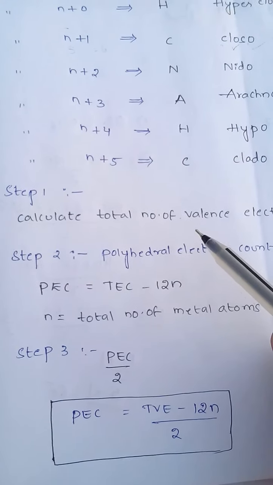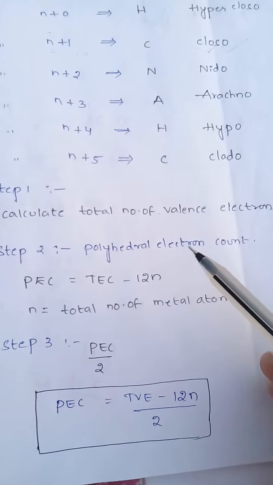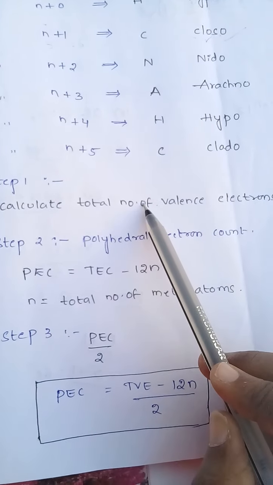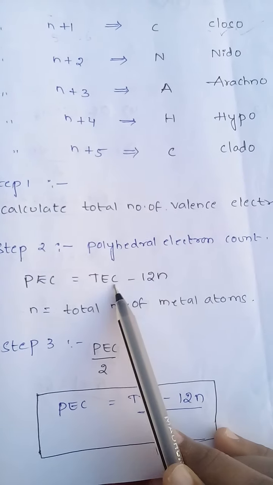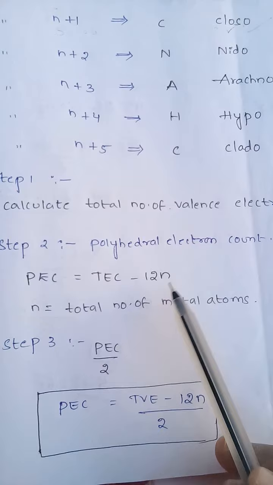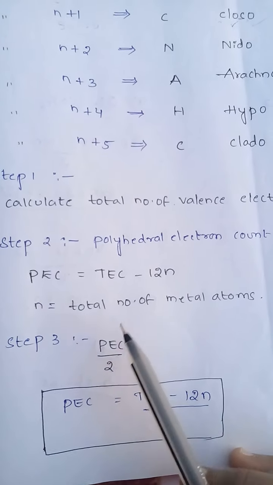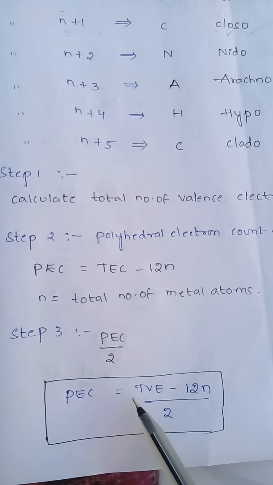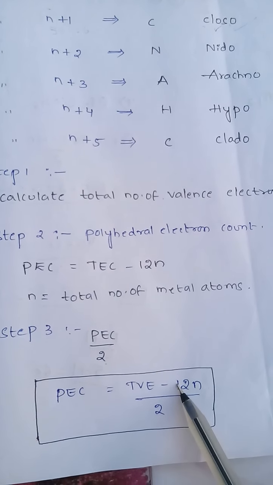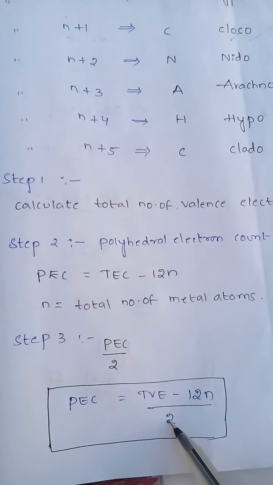This is the procedure to find the structure of metal cluster. First count the total valence electrons, then total valence electrons minus 12 into n, and then in the third step polyhedral electron count by 2. Totally, polyhedral electron count equal to total valence electrons minus 12 into n by 2.